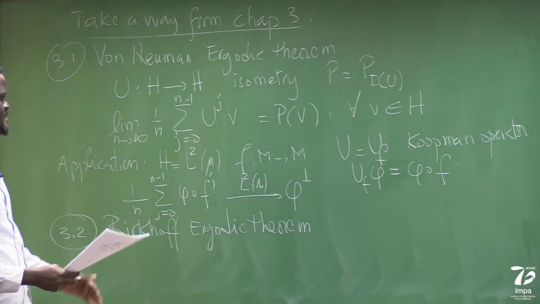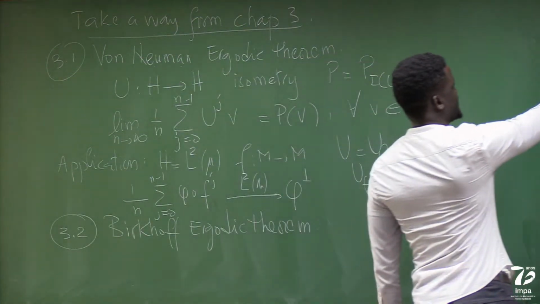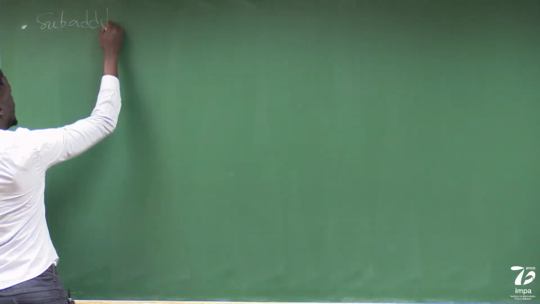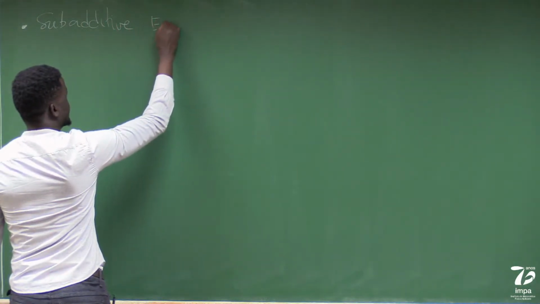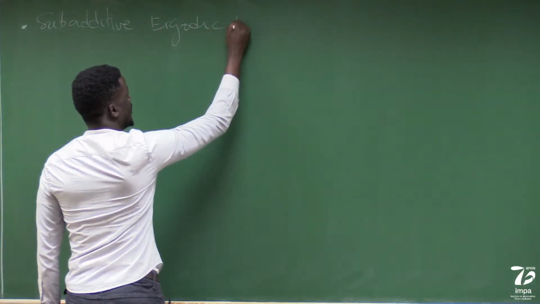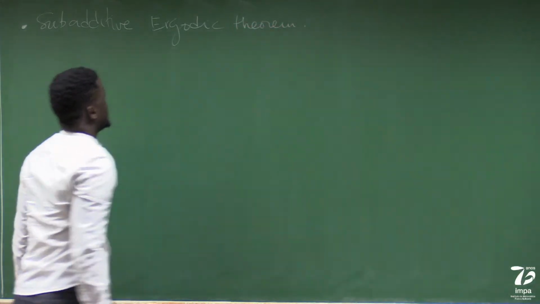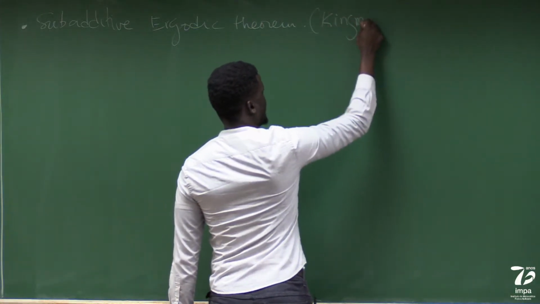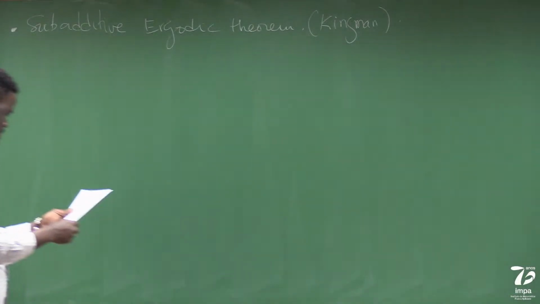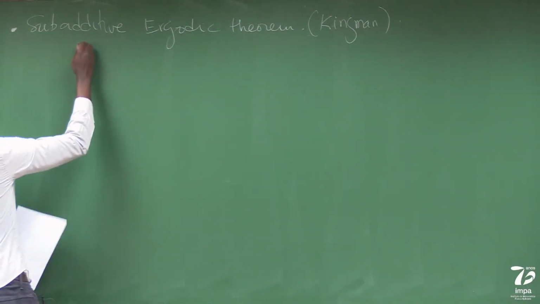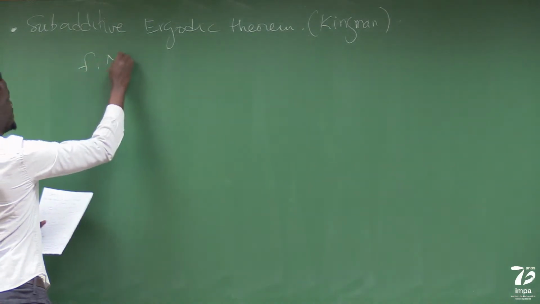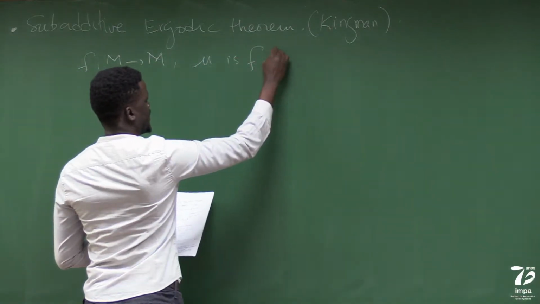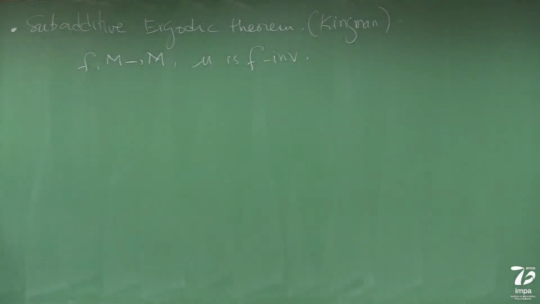For this, we have two types of Birkhoff ergodic theorem. First, we have the subadditive ergodic theorem, which we also call the Kingman theorem. How does it work? If you remember, we have our dynamical system and mu is f-invariant.